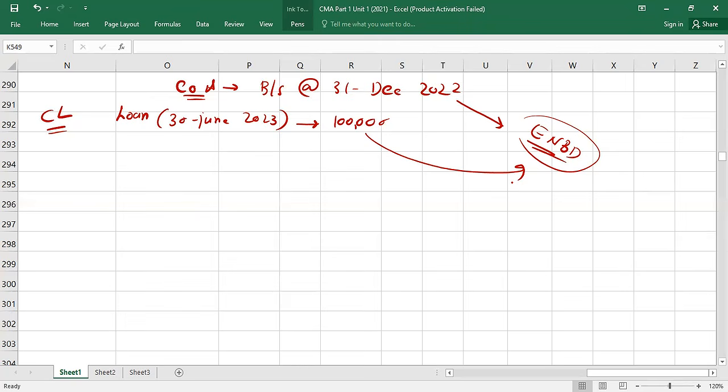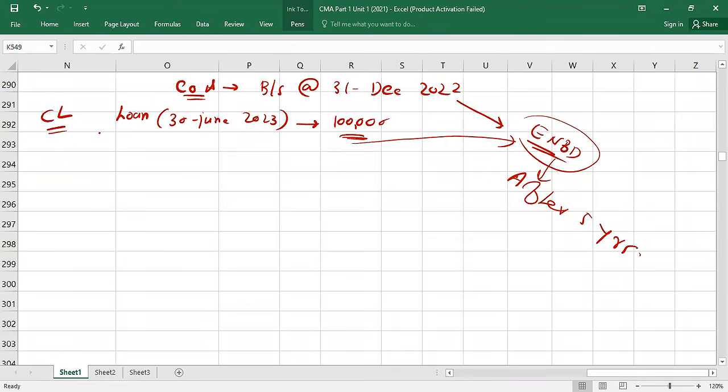Emirates NBD has agreed that the customer can pay after, for example, 5 years. So this current liability is financed on a non-current basis, right or wrong?